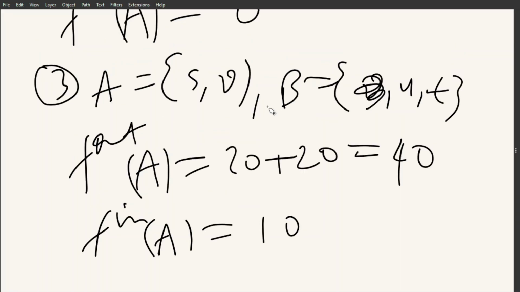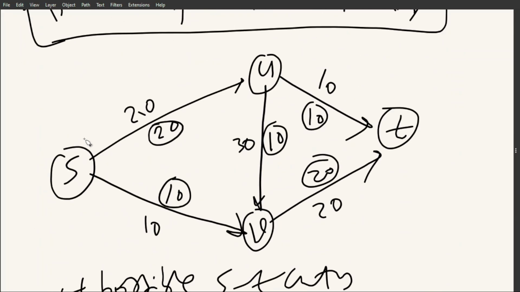Now the last possibility is to take s, u, v in A and t alone in B. In this case there is no flow in, and flow going out is 10 plus 20, which is 30.